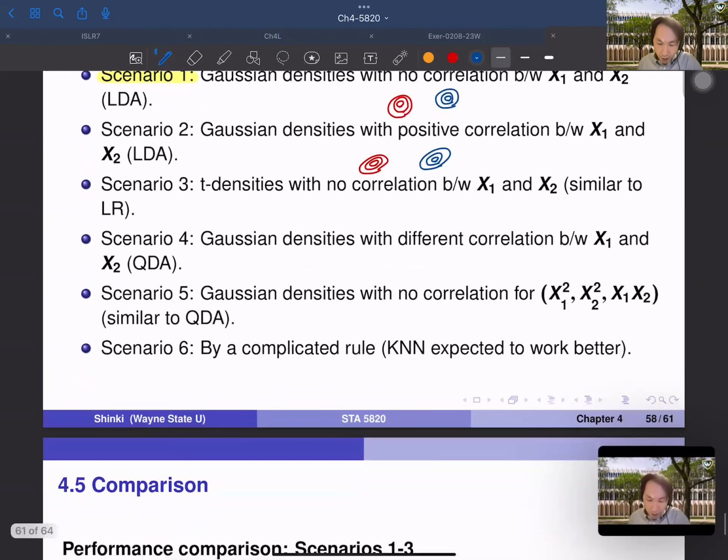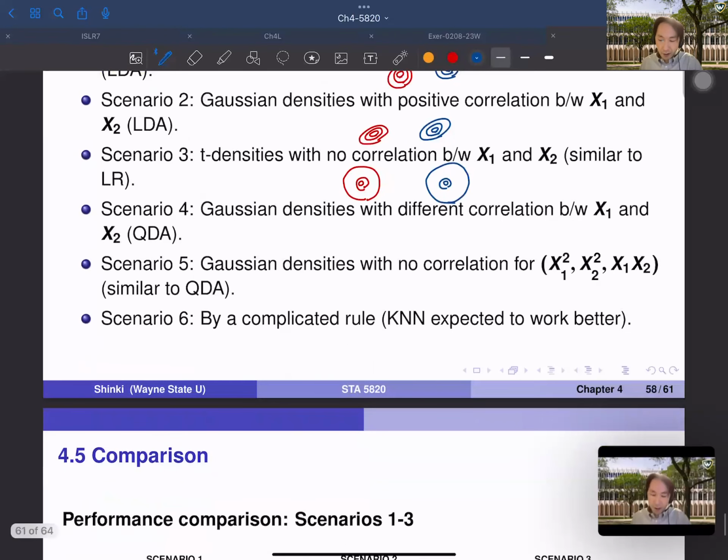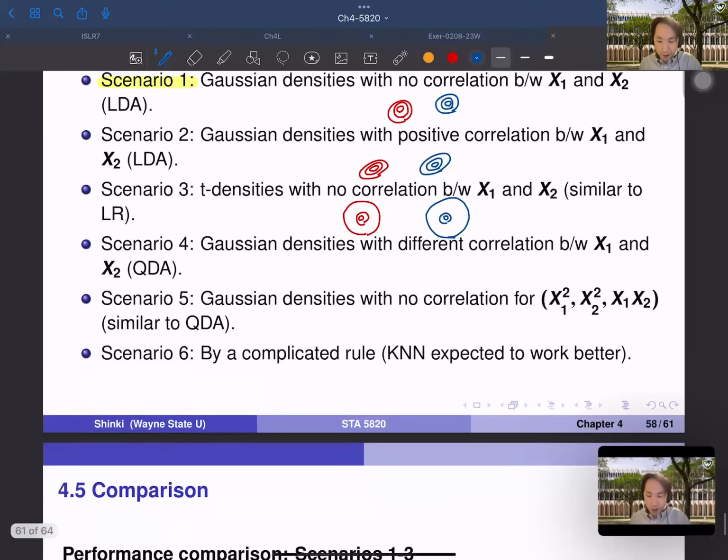And scenario 3, the t densities with no correlation between x1 and x2. So basically it's similar to scenario 1, with a slightly different shape. Maybe we have this, but much larger as a contour plot, and like this. The distributional assumption is just slightly different.